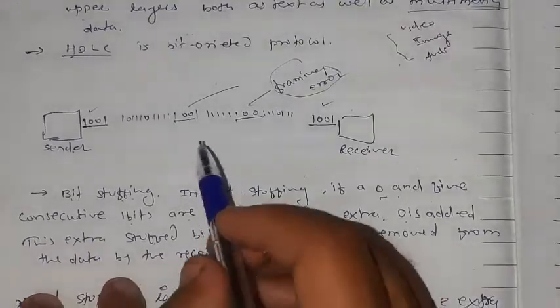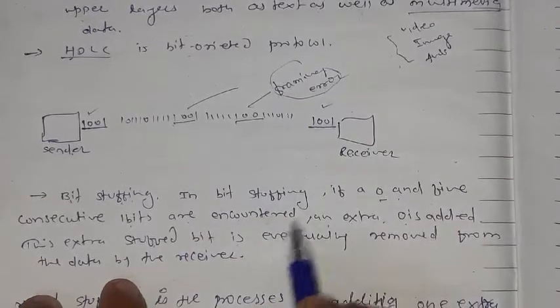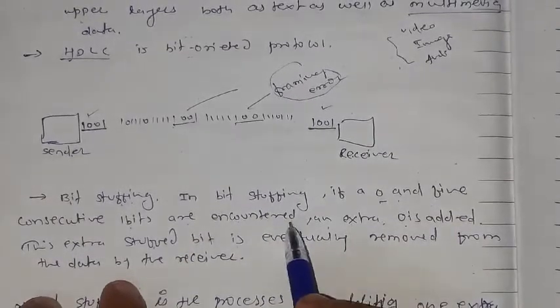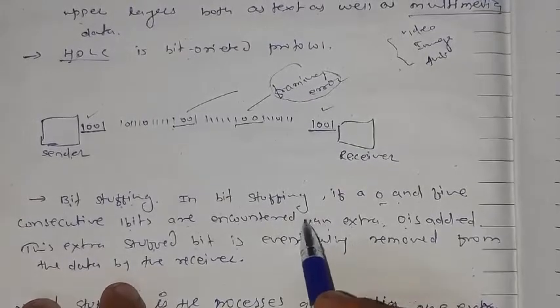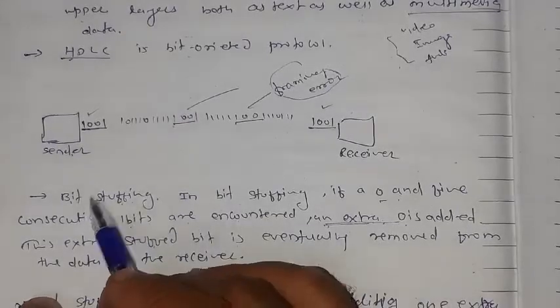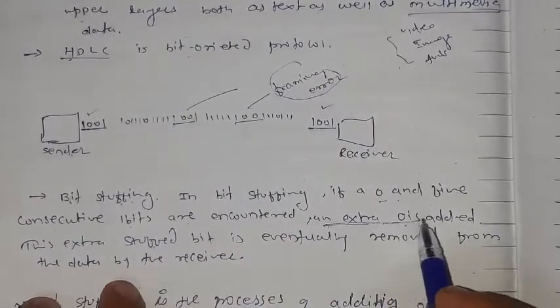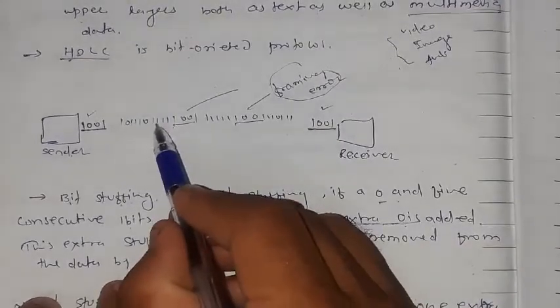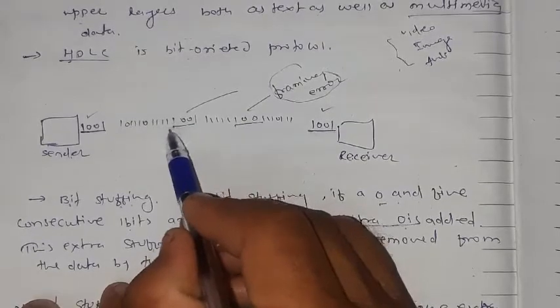So here, whenever the repetition of consecutive ones occurs, then using the bit stuffing logic, the network automatically adds an extra 0 there. Suppose here 1 2 3 4 5, so here five consecutive ones are repeated.